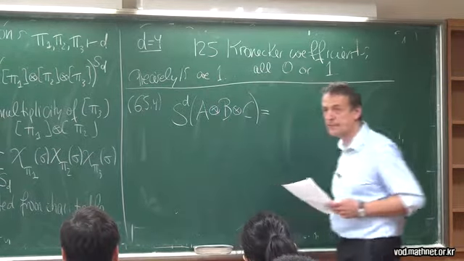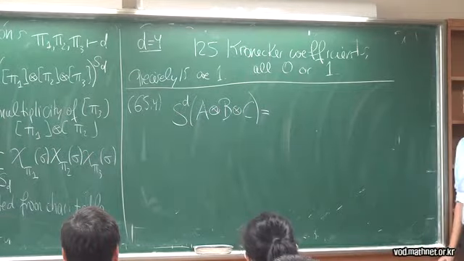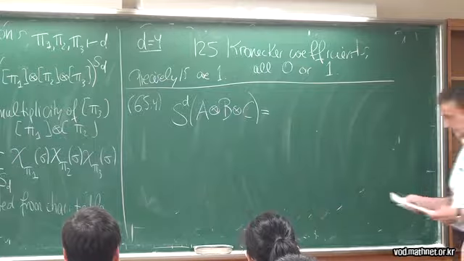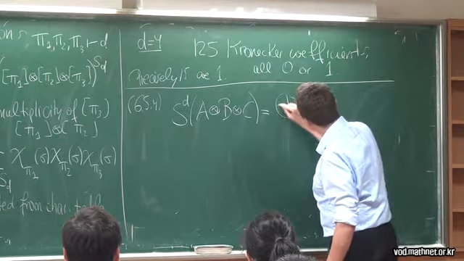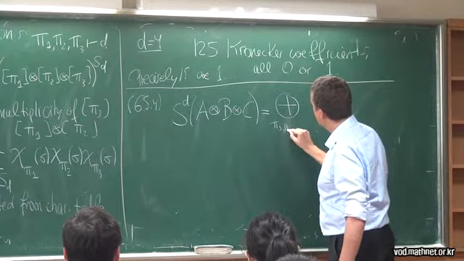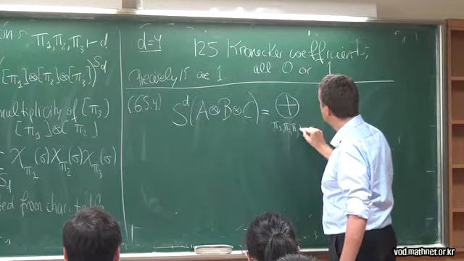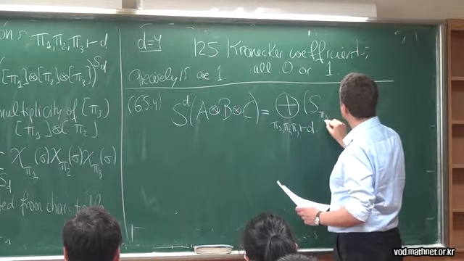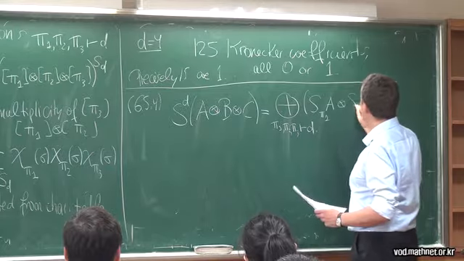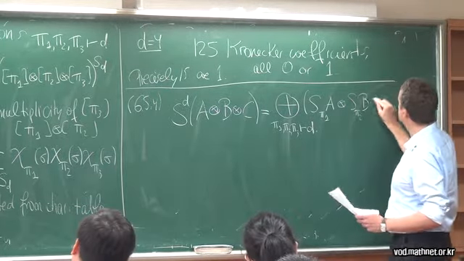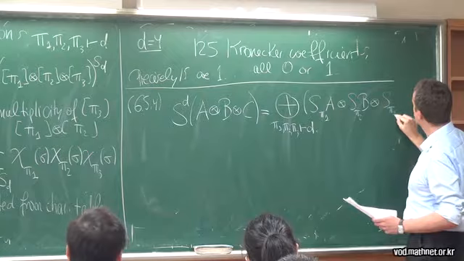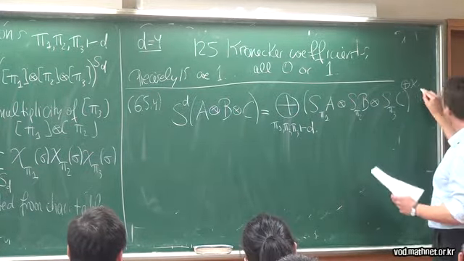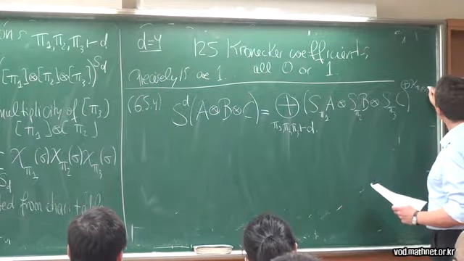So if you have a 3-way tensor of any format, and you have a polynomial of degree d in the entries of that tensor, then you should write that polynomial as a sum over pi 1, pi 2, pi 3, partitions of d, S_pi1(A) tensor S_pi2(B) tensor S_pi3(C), times the Kronecker coefficient k_pi1,pi2,pi3.